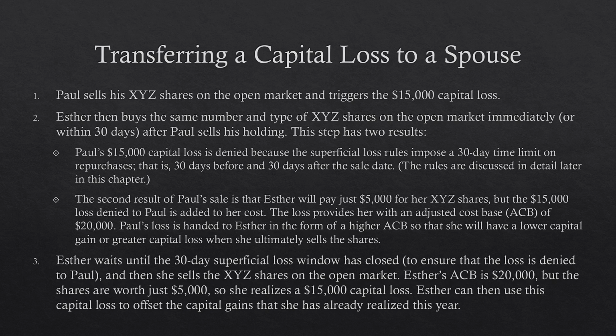So it is possible to transfer a capital loss to a spouse. Basically, you just need to sell those shares to the spouse, and then they can buy it for that higher adjusted cost base, and then they could sell it on the open market 30 days later and claim that capital loss.